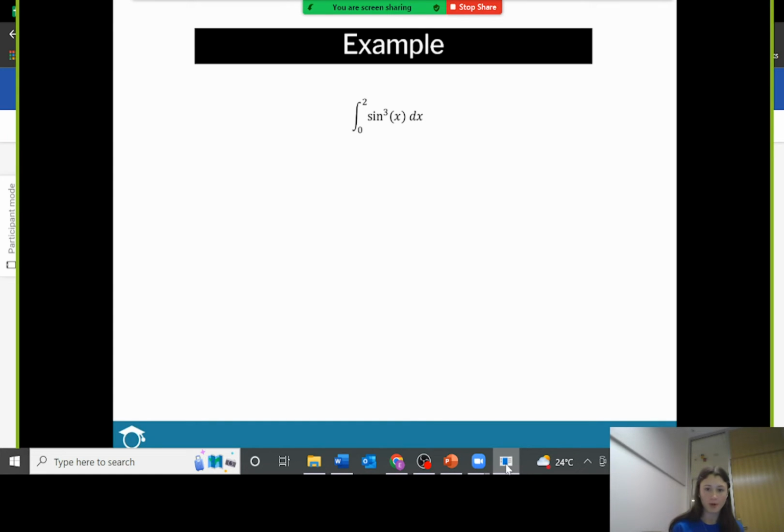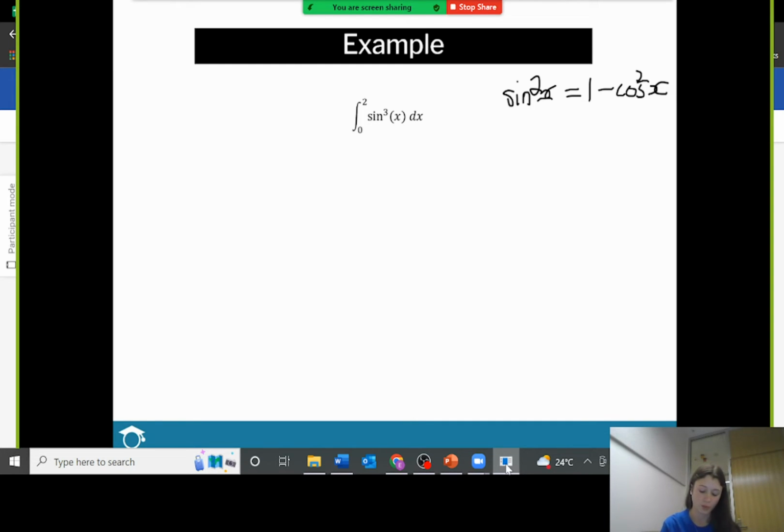What we're going to do here is utilize the trig identity that sine squared x is equal to 1 take cos squared x.